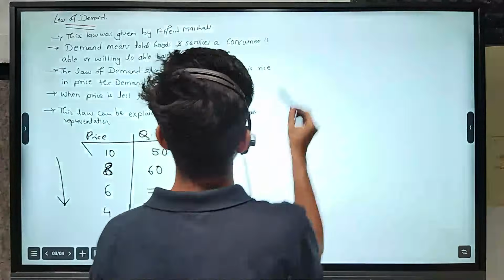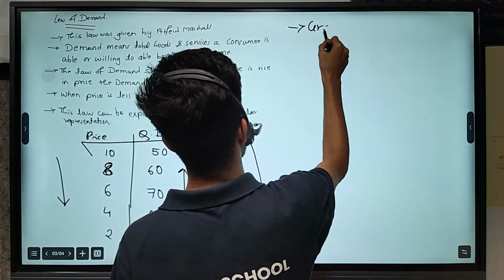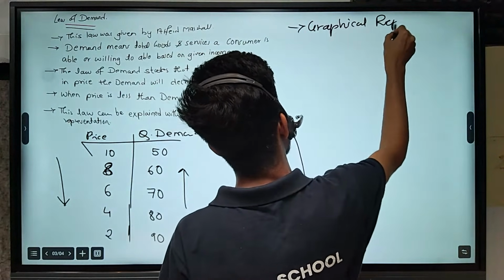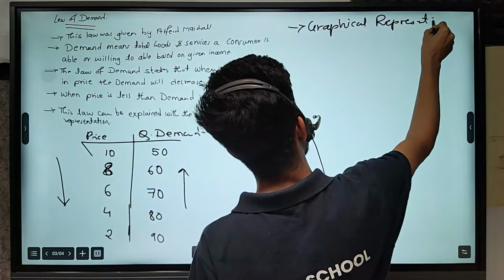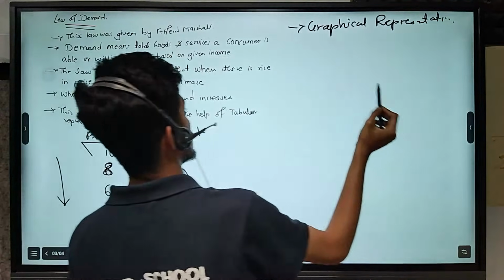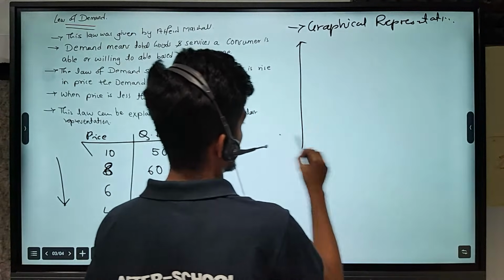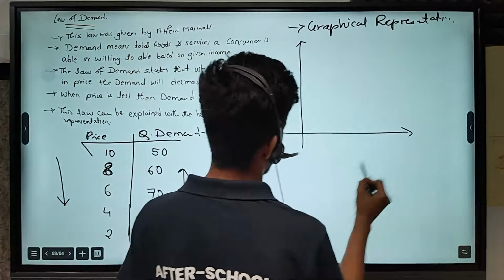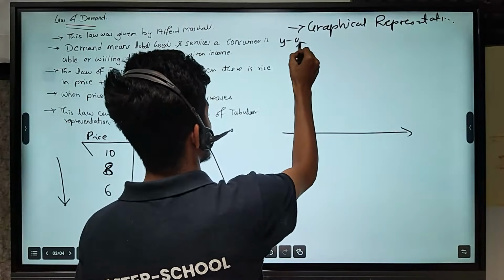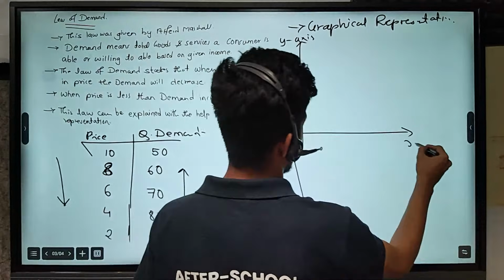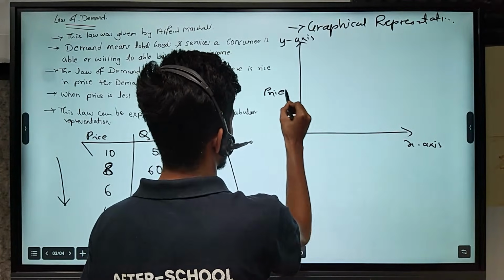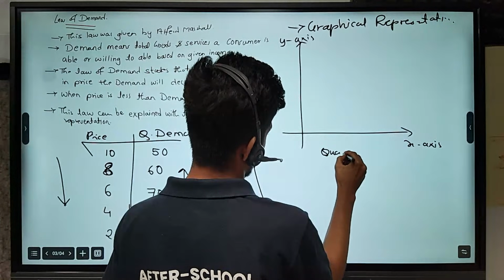Okay, this we can show with the help of graphical representation. So to draw the graphical representation, same as before, let's draw it similarly. This will be the y-axis. This will be the x-axis. This will be price. This will be quantity demanded.